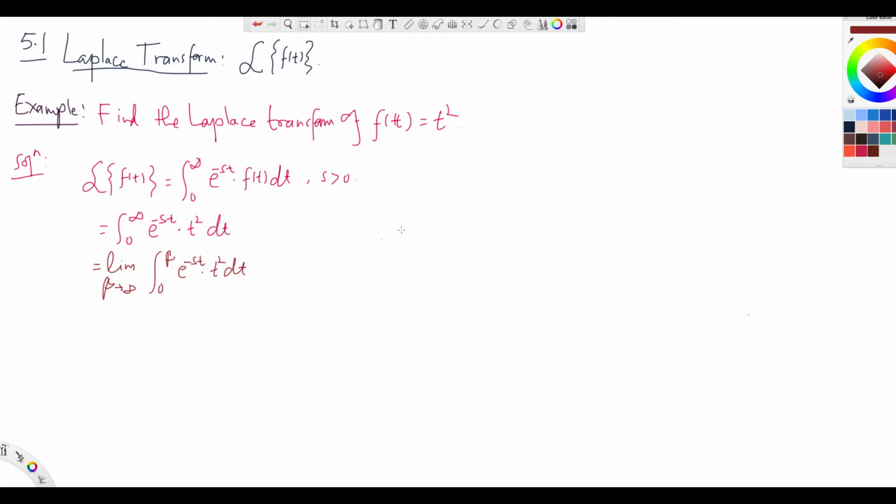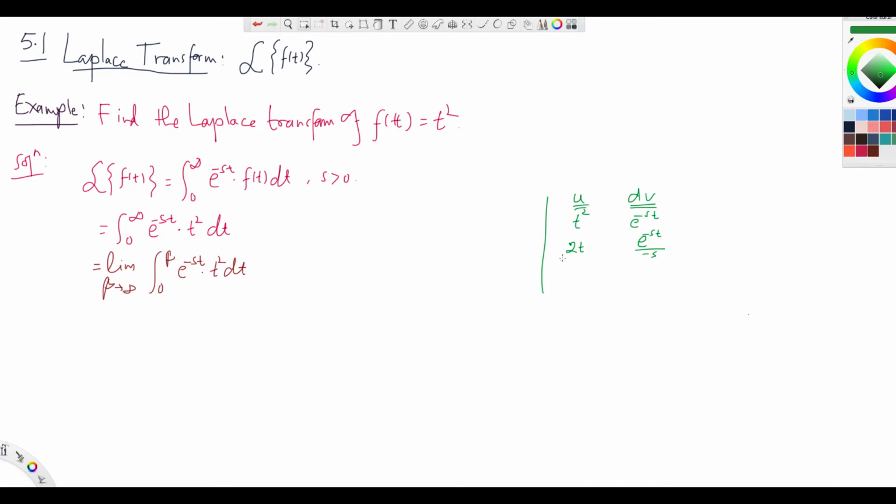Okay, so let us use the integration by parts for this. I want to set up u and dv, correct? So let's say u is t squared and dv is e to the negative st. We find the derivative of u and the antiderivative of dv. The derivative of t squared is 2t, and the antiderivative is e to the negative st over negative s.